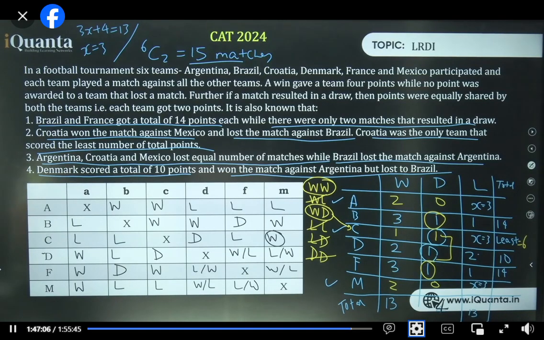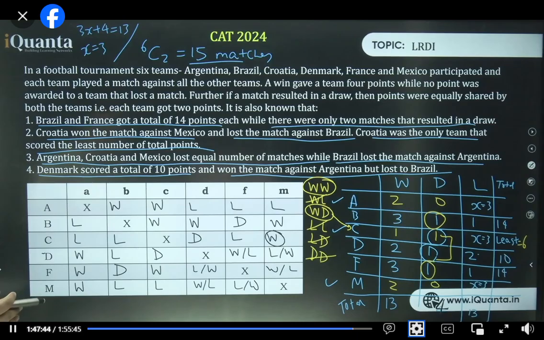आशु, मैं एक चीज समझा, इसलिए लंबा लग रहा है, इतना लंबा है नहीं. 10 to 15 minutes, not more than that. Croatia and Denmark, उन्होंने कैसे ड्रॉ किया था? See, Denmark had got 10 points, and Croatia got 6 points. When we're filling that, Denmark's win and loss were already accommodated, but draw was not.